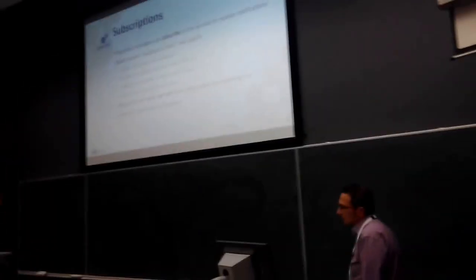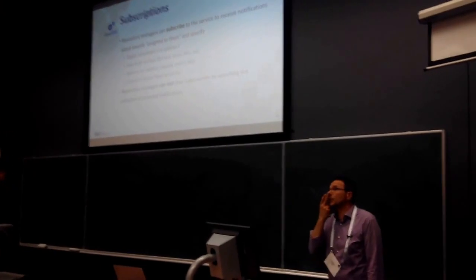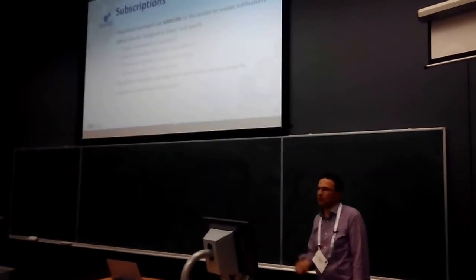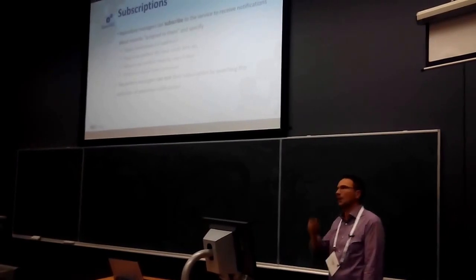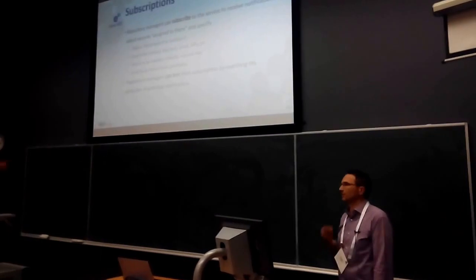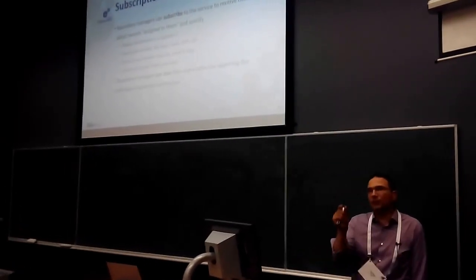Okay. Subscription. So what can I do in terms of subscriptions? In a system like that, I can come and decide which kind of topic I want to be notified of. So if an enrichment or an addition, specify which kind of enrichment and which kind of addition. I can specify a level of trust, which is very important, because level of trust makes a difference.